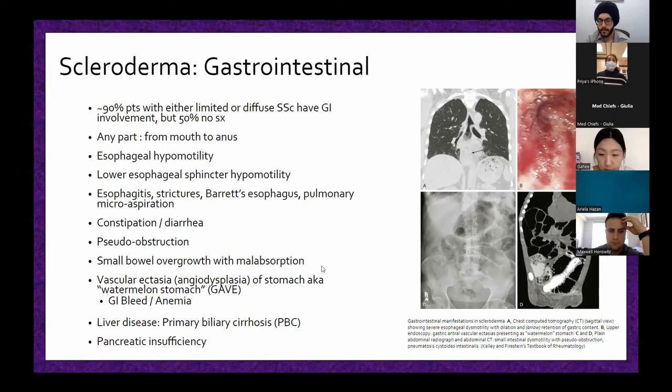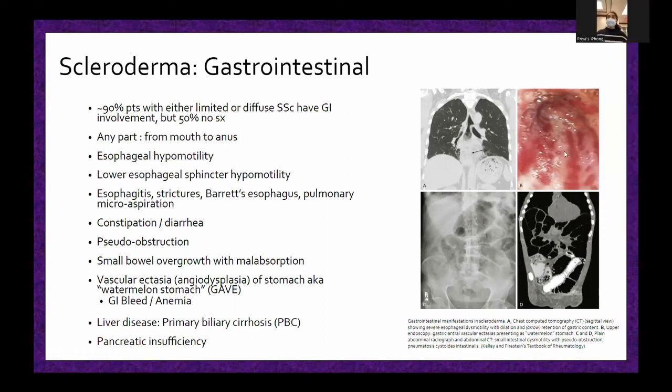Small bowel overgrowth and malabsorption is a problem, and sometimes the GI colleagues will prescribe antibiotics, also for motility. GAVE is a tricky diagnosis, but very important, with quote-unquote watermelon stomach, which is vascular ectasia as part of the vascular manifestation of scleroderma GI disease.